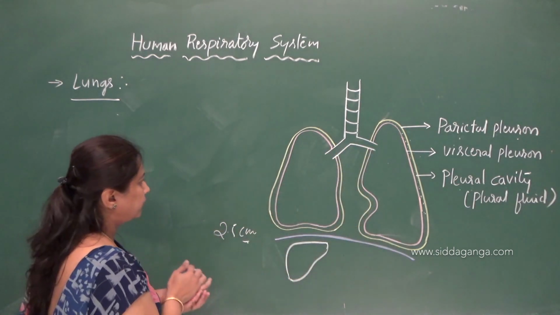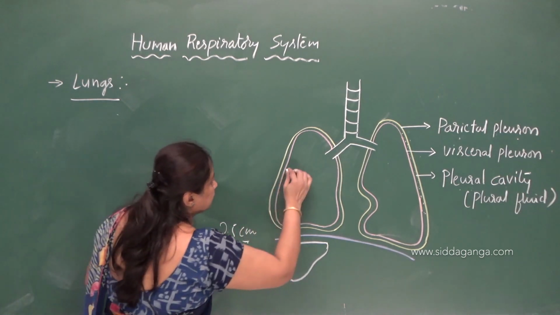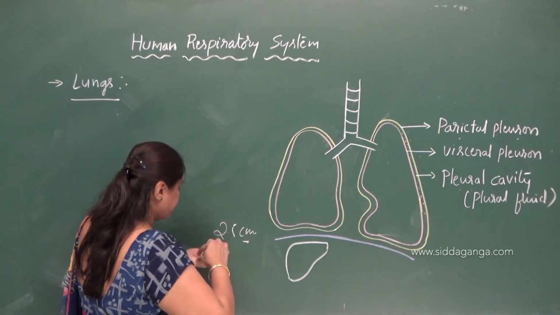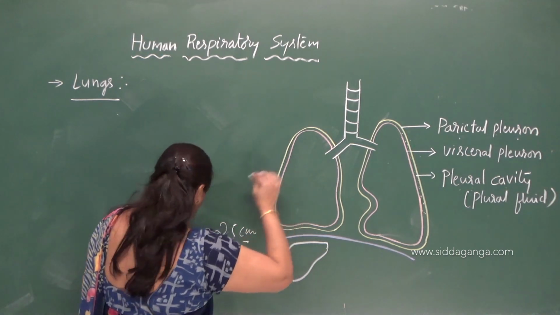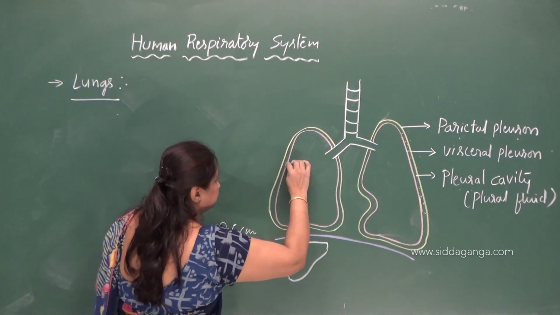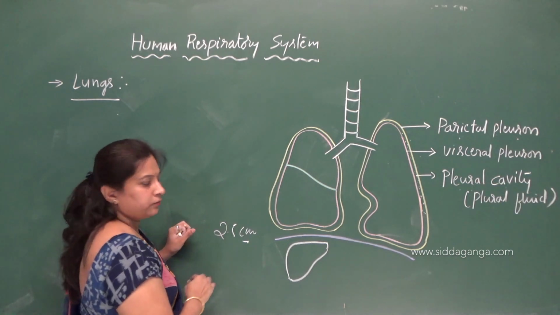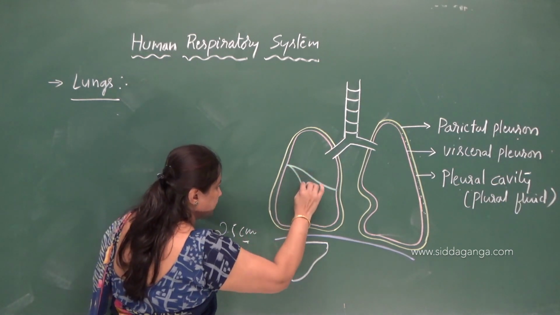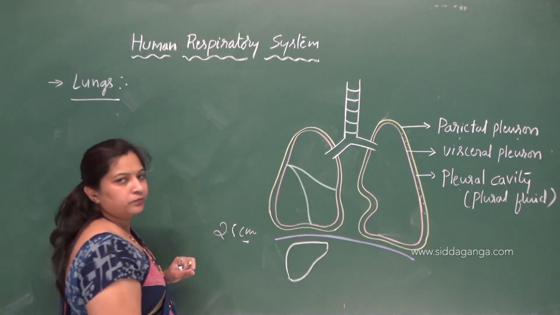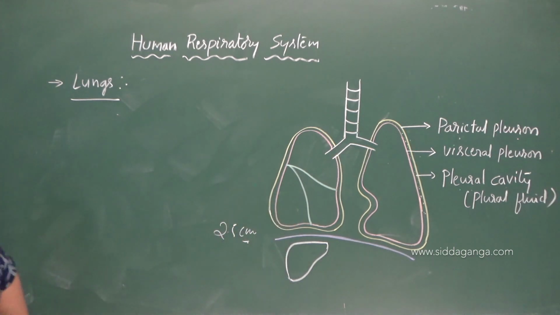In the right lung, there are two fissures. This is the horizontal fissure, and this is the oblique fissure. In the right lung, how many fissures are there?